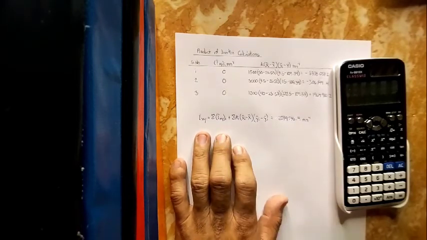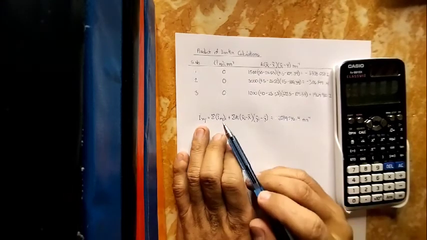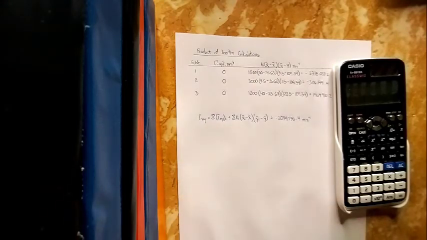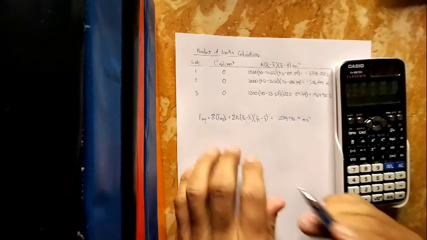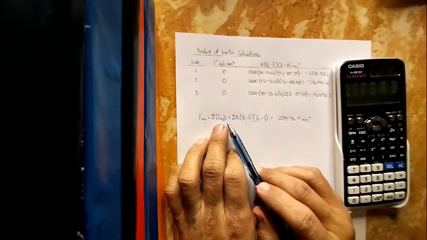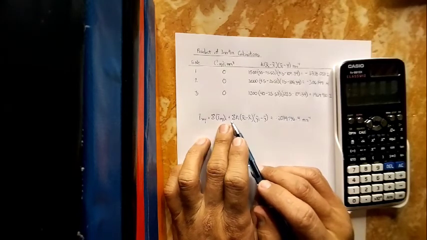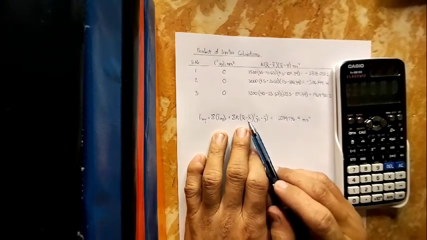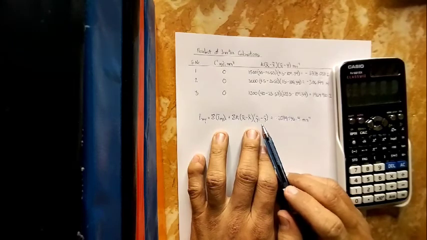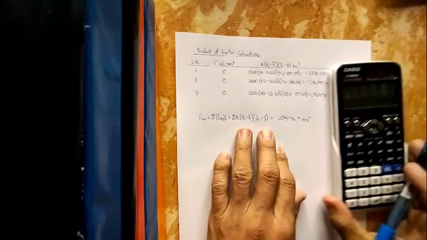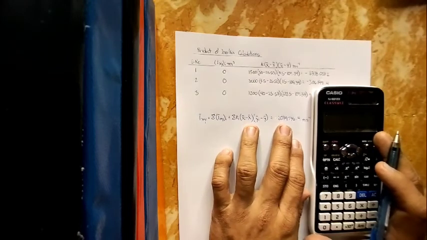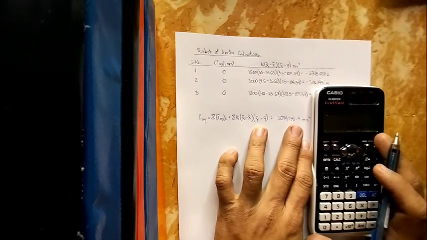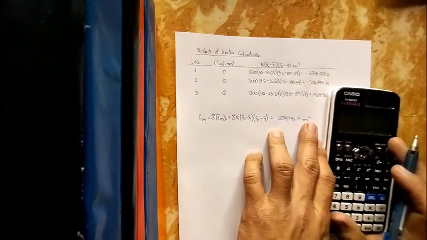Product of inertia is equals to summation of product of inertia plus summation of AI times xi bar minus x bar times yi bar minus y bar is equals to negative 2,079,276.4 mm raised to 4.